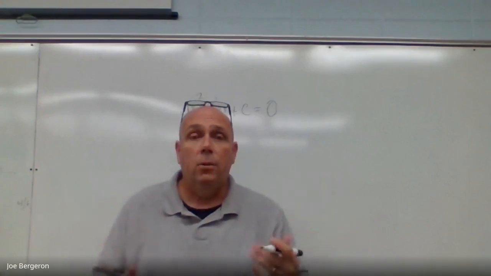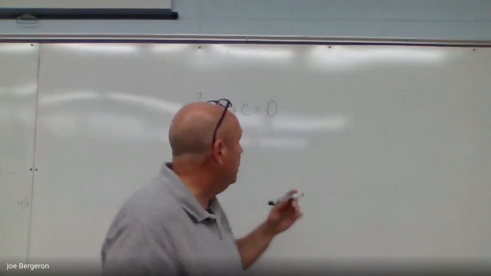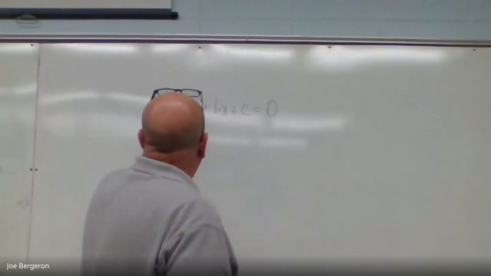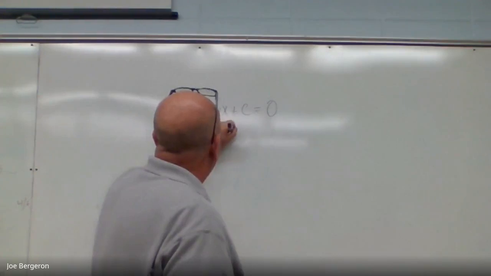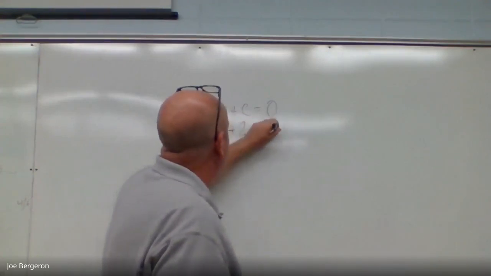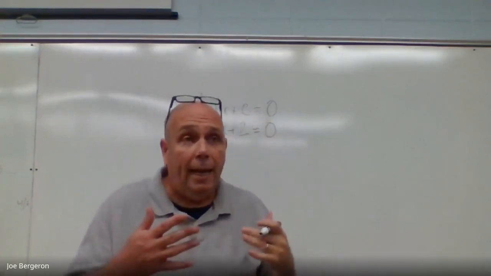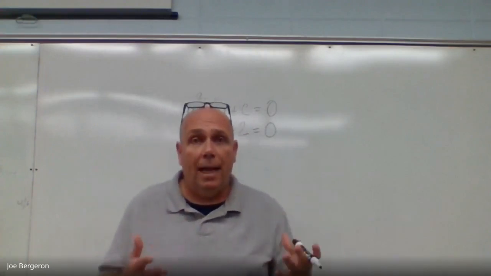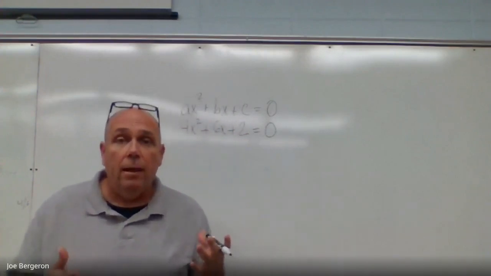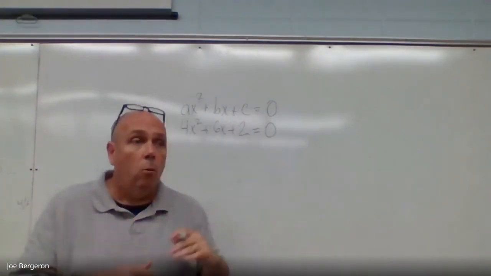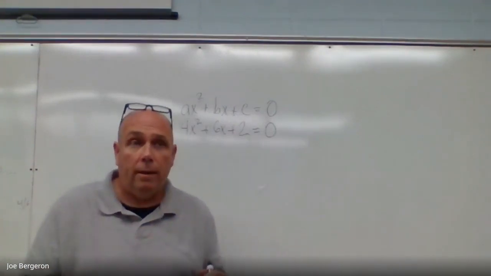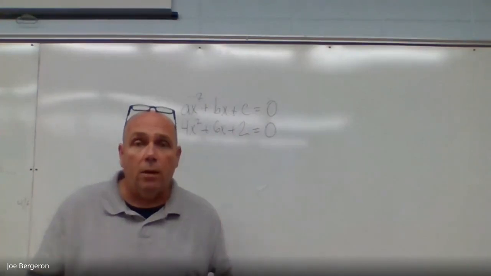Well, we can do an example of that and just simply say 4x squared plus 6x plus 2 equals 0. So instead of using those letters, what we've done here is we've put numbers, okay? And we can plug in any numbers that we want if it is a solvable quadratic equation.